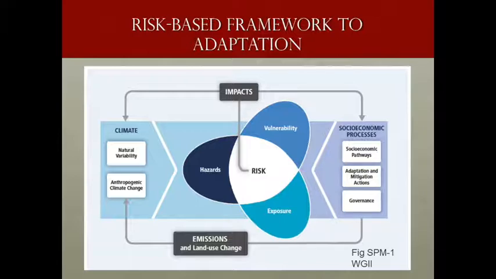So even though it looks like a simple graph, it really took a lot of thinking to come up with it, and it's really an important step in how we approach climate change. Because basically what we realized here was that climate change is dealing with extreme events. Extreme events can result in disasters, but we already know a lot about disasters. So why don't we approach climate change from the perspective of risk management? And this is what we are doing here.